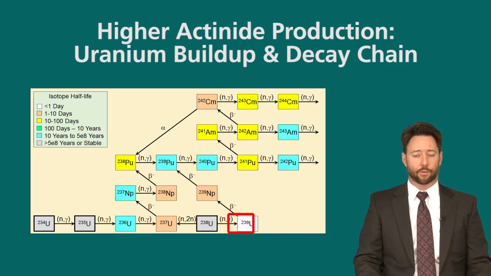It then becomes U-239 through an N-gamma reaction, a neutron-gamma reaction, and then has a beta decay, goes to neptunium-239, and then that has a beta decay that leads to plutonium-239. And then the plutonium can have further absorptions and lead to higher isotopes of plutonium, or that can subsequently lead to americiums and curiums and other higher actinides.